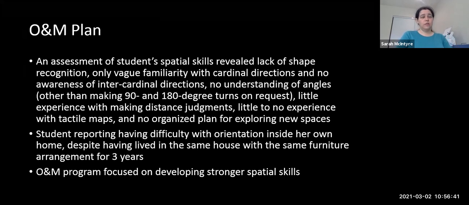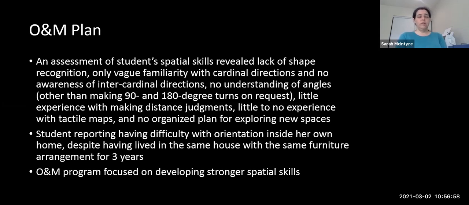So her O&M plan, so we started with an assessment of her spatial skills, and the first thing we found out is that she couldn't even articulate the difference between different shapes.